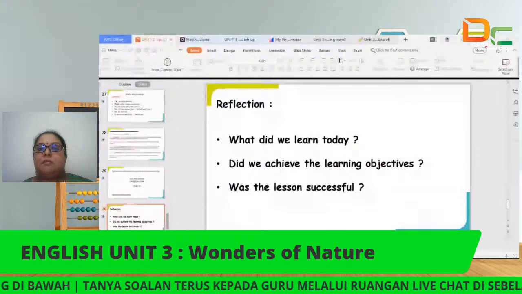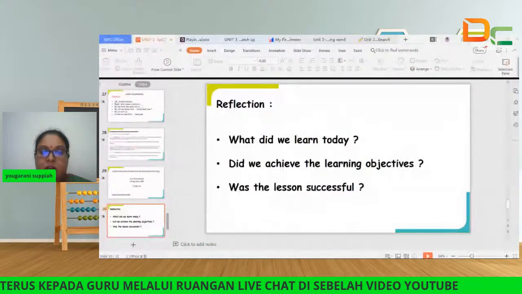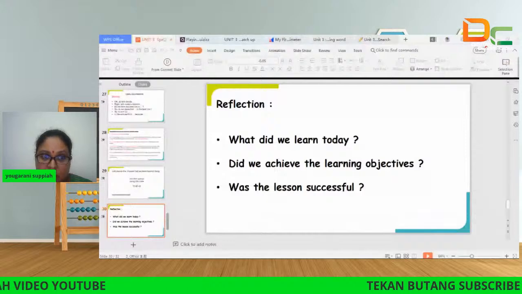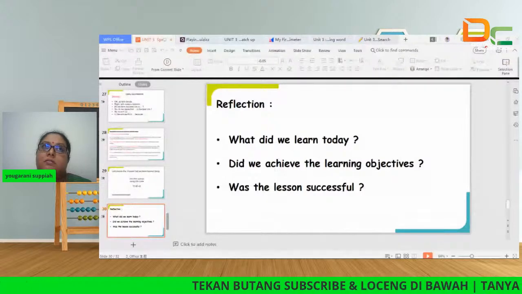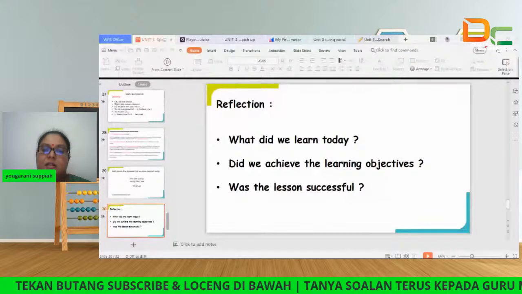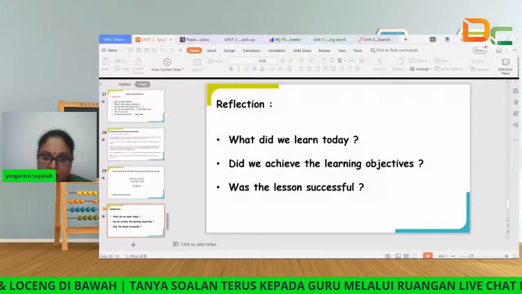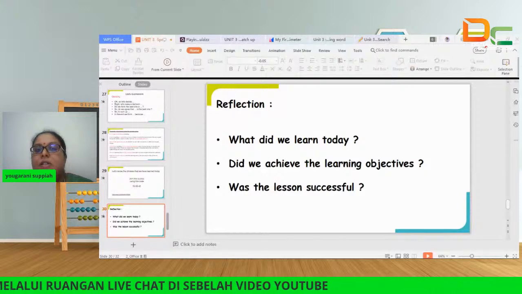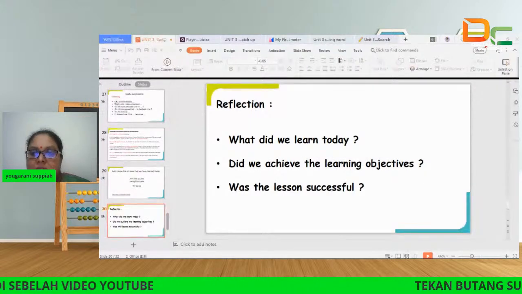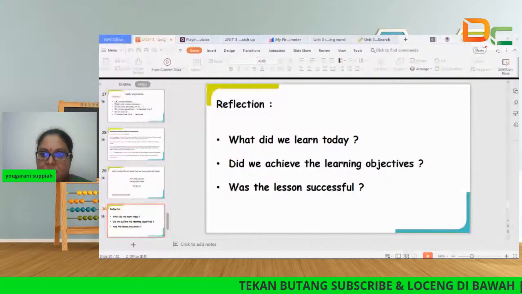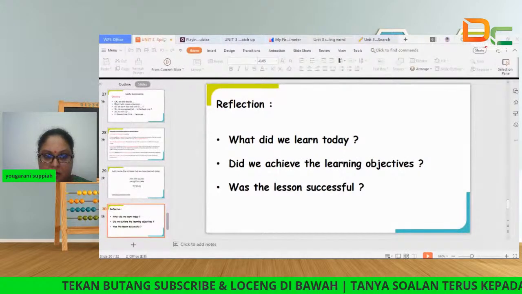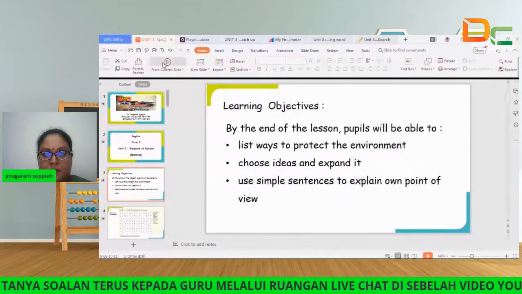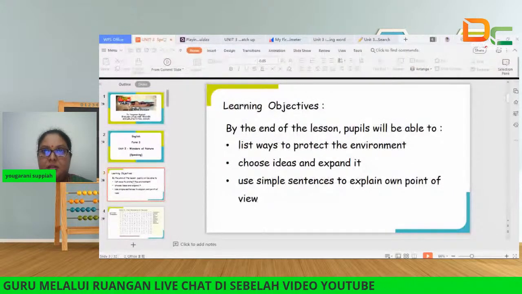There were 5 points given: recycling, cleaning up the beach, a campaign, writing a blog, planting trees. So, did we achieve the objectives? Do you remember our objectives?